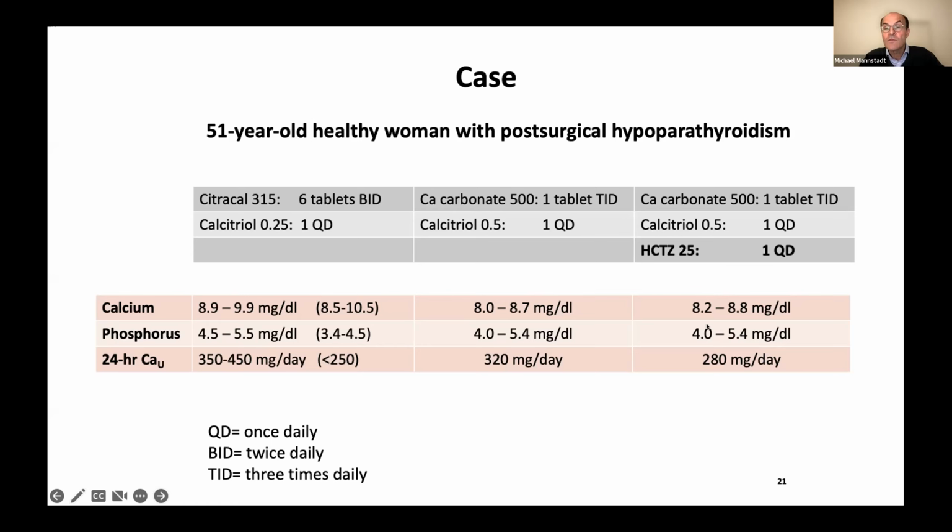The serum calcium is overall a little lower, but in a good range that we like. And given the calcium with meals 3 times a day, lowered her phosphate a little bit, not much. And certainly the pill burden went down dramatically, right? And so this is a typical example for optimizing care with standard therapy.